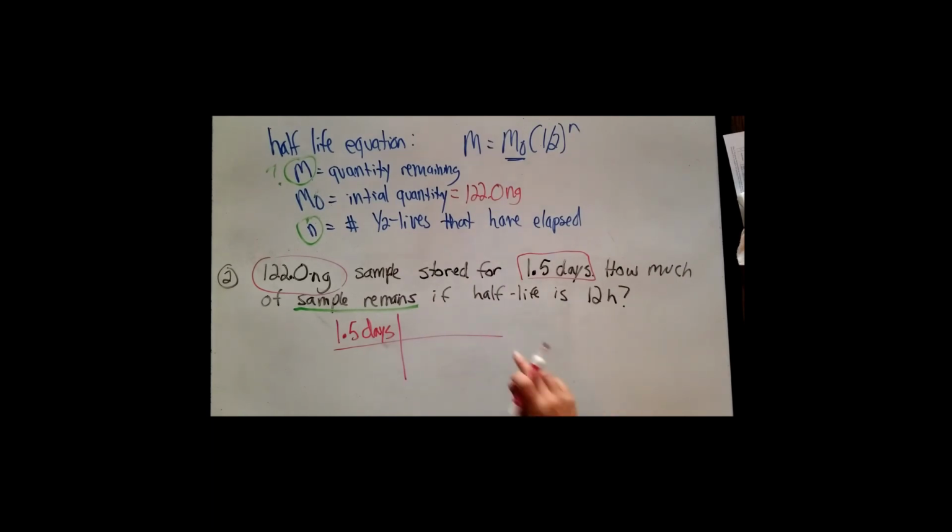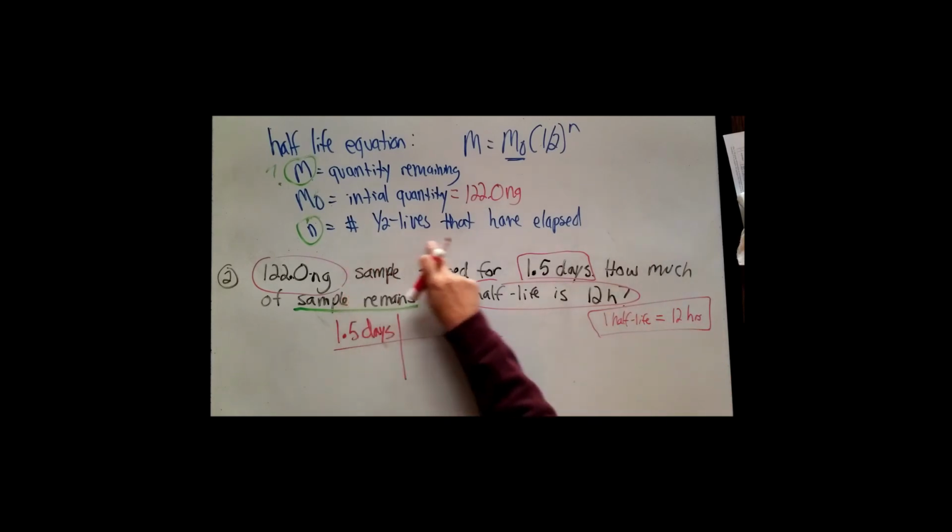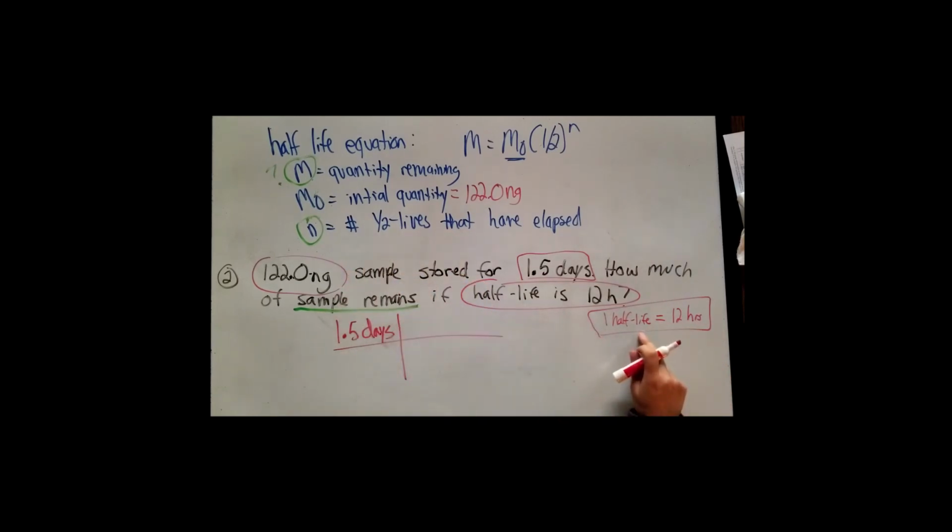So how do we do that? Well, they say 1 half-life is 12 hours. This is actually a conversion factor, because they're saying 1 half-life is 12 hours. So I can use this to get from hours to the number of half-lives, to get to n.